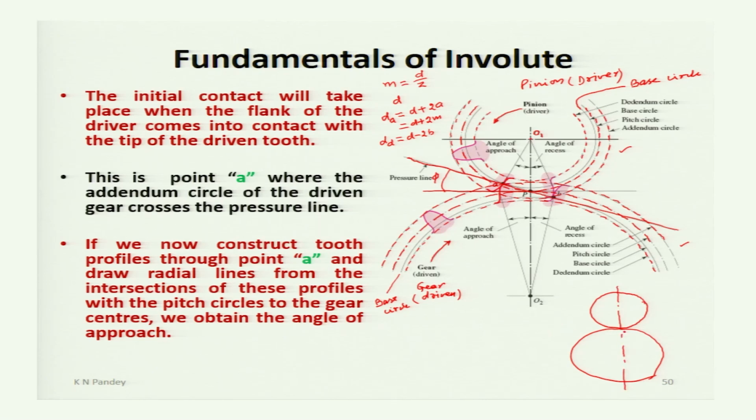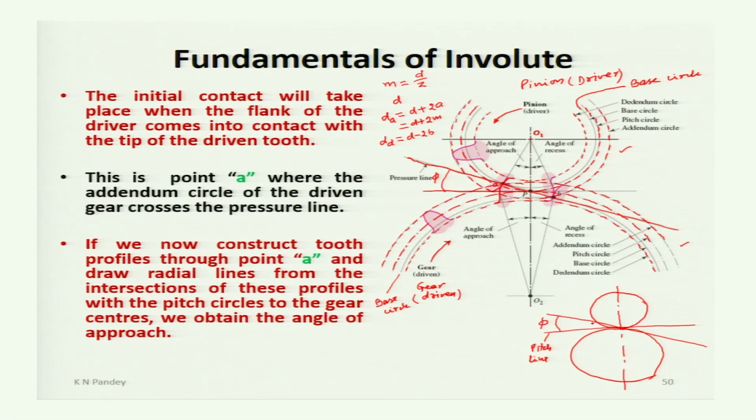This is the pitch point P. This is the pitch line, and pressure line, line of action is this one. This is the line of action which is making angle phi with the pitch line. This is your pitch line. Okay.